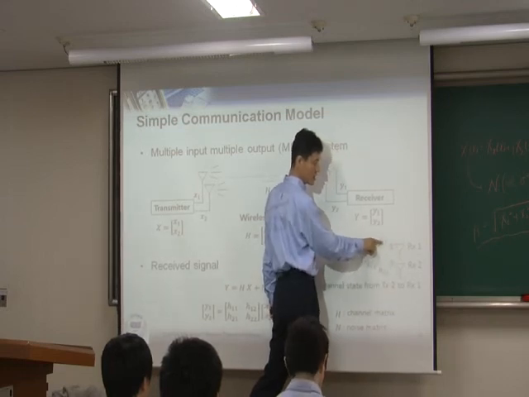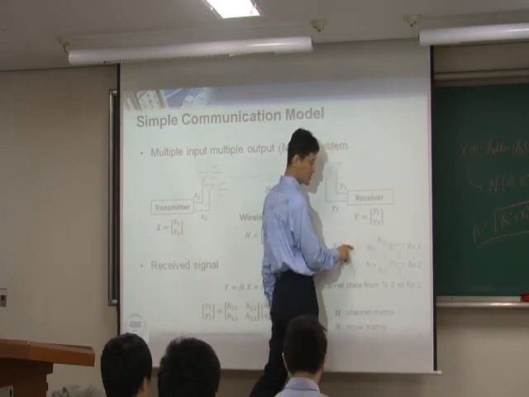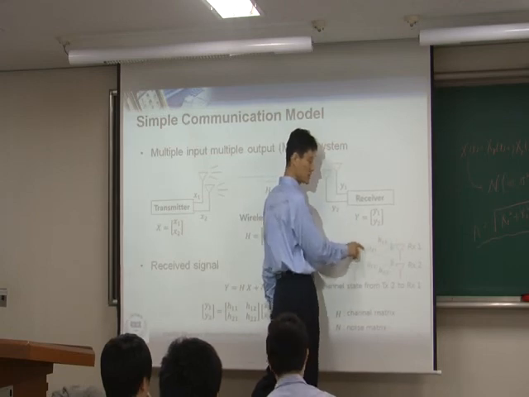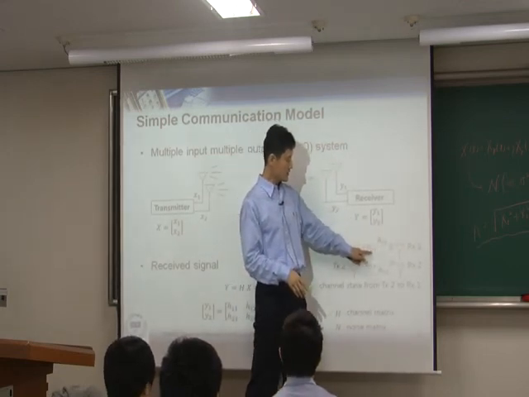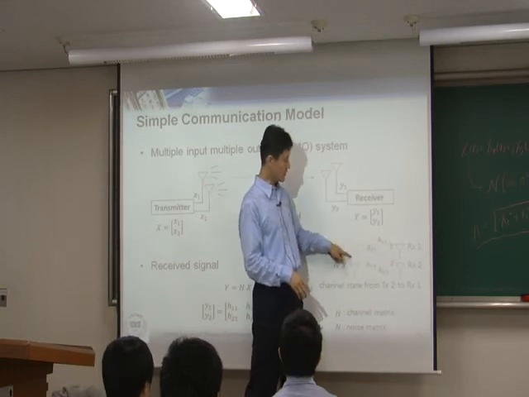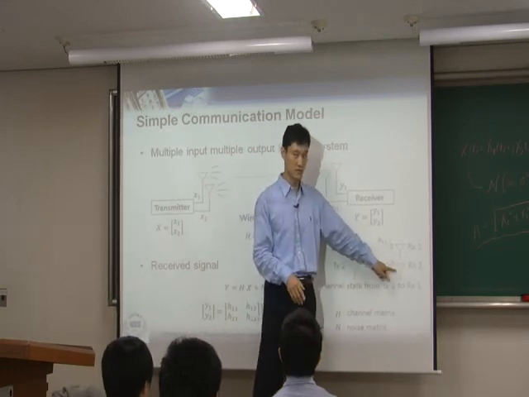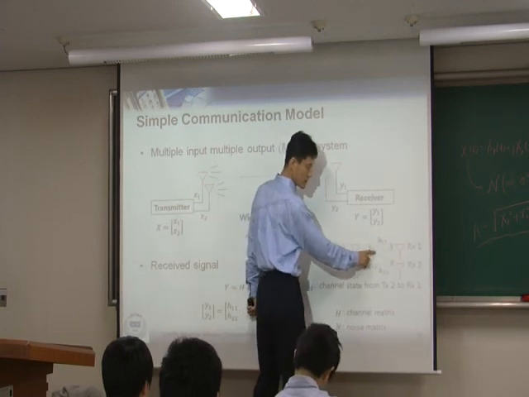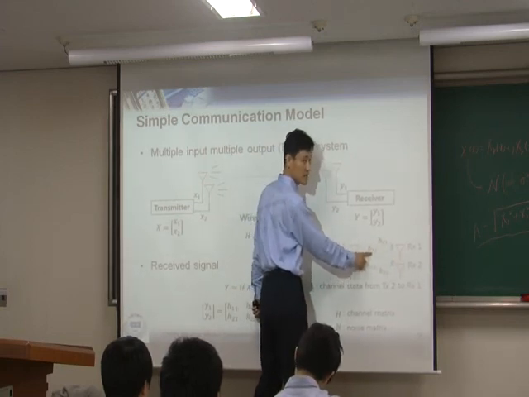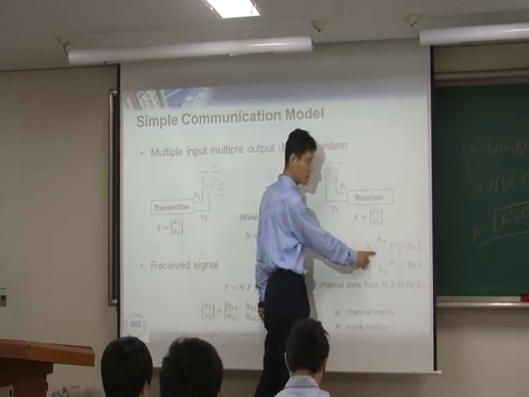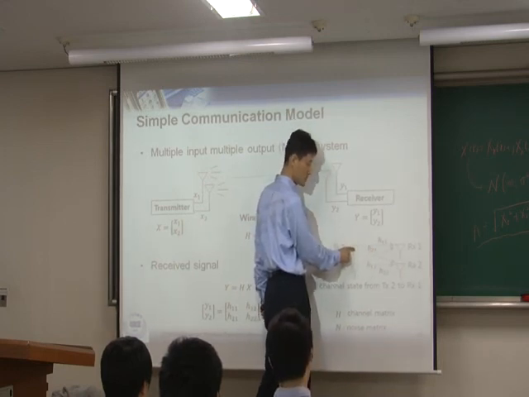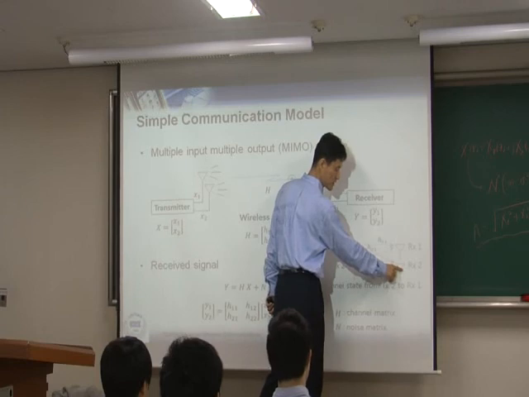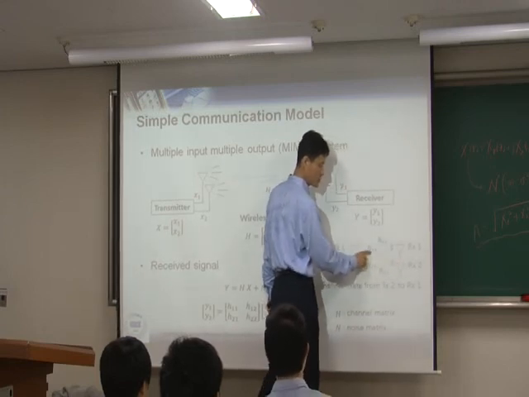H11 is the channel between the first transmit antenna and the first receive antenna. H21 is the channel between the first transmit antenna and the second receive antenna. When you write the subscripts, typically the first one is the destination and the second one is the source.